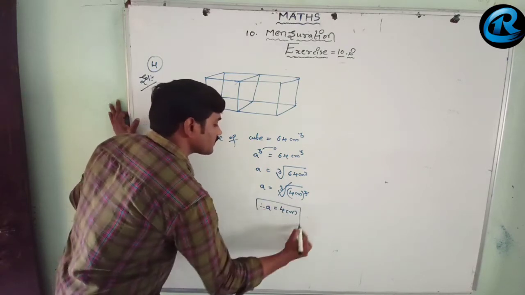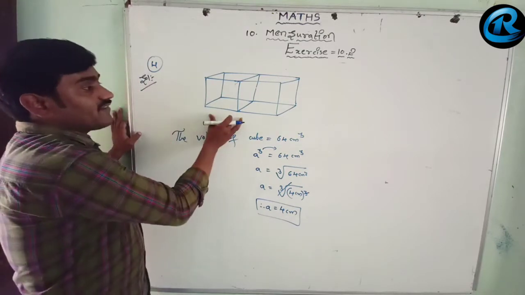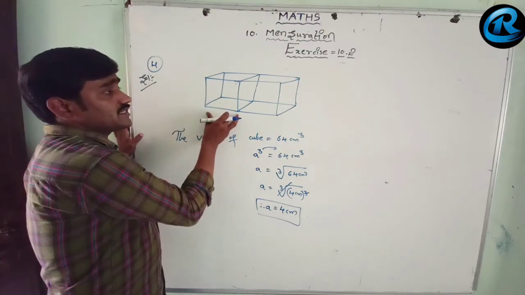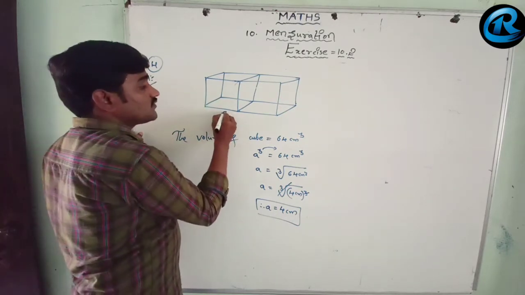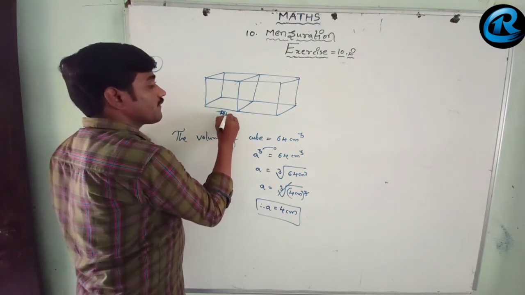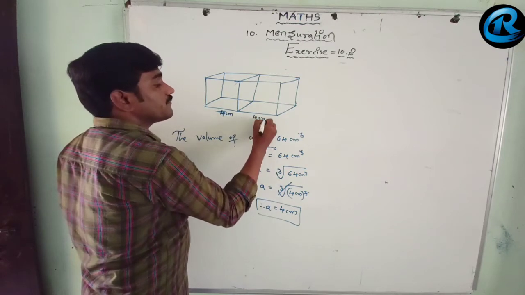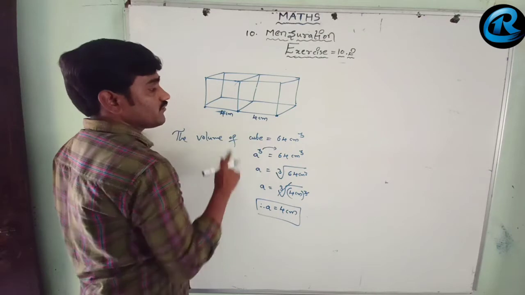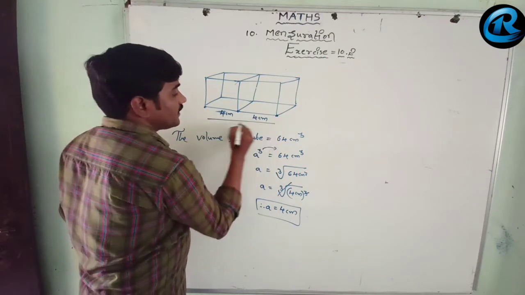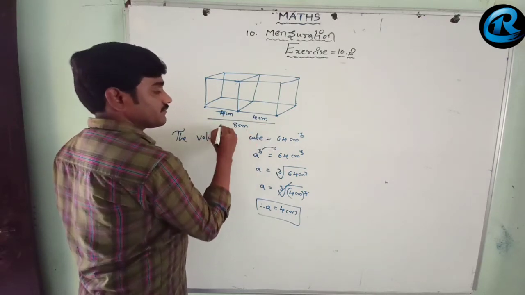That means the length of the side of a cube equals 4 centimeter. This is 4 centimeter and this is 4 centimeter. Till here it is 4 centimeter and till here it is 4 centimeter. 4 plus 4, the length becomes 8 centimeter.